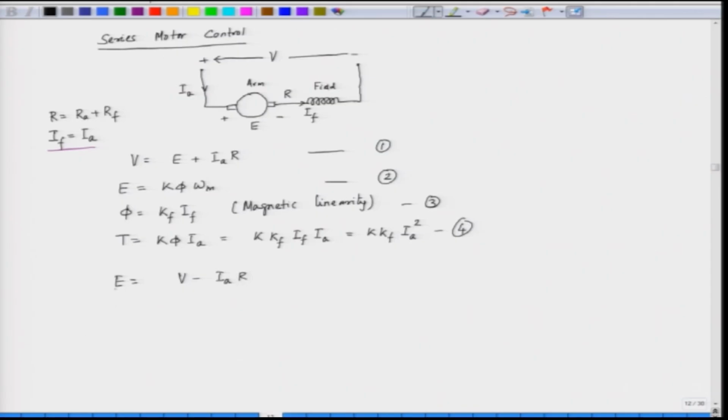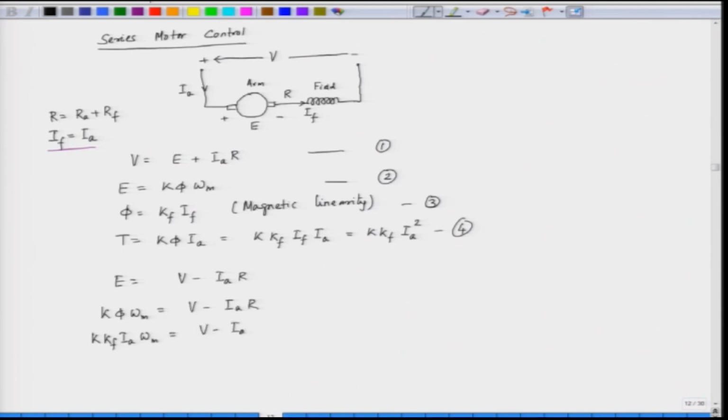E is the back EMF, which is K phi omega m, that is equal to V minus IaR. Phi is Kf into Ia, omega m.